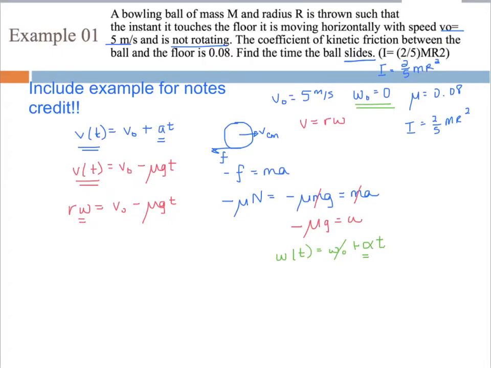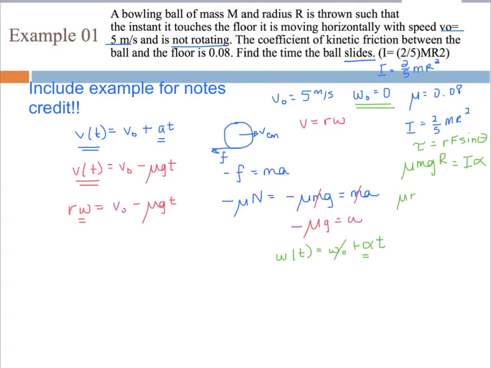So here, torque is what's providing my rotation, and we have friction, which is mu mg, times r. Remember that torque is equal to rf sine theta. In this case, friction and r are perpendicular to each other, so we can drop the sine part. And again, the sum of our torques is equal to I alpha.